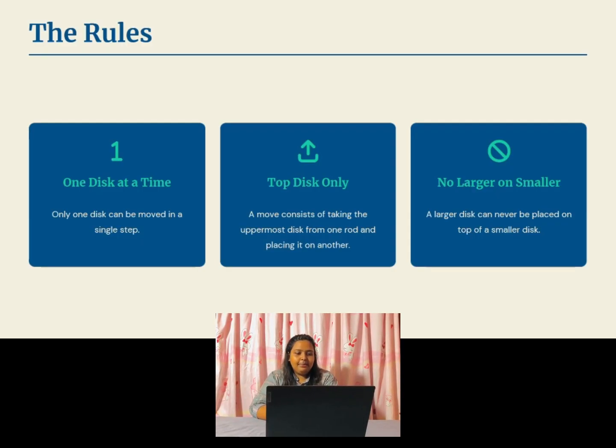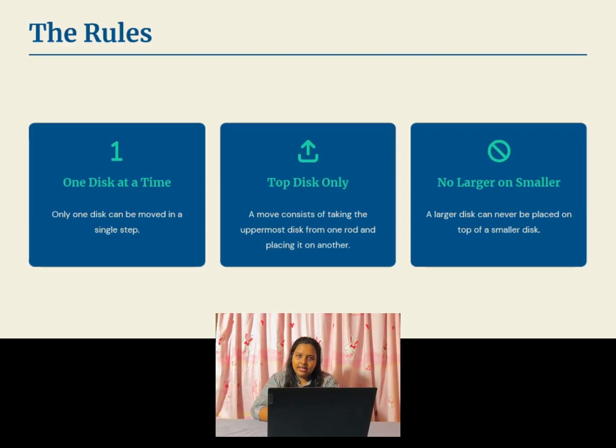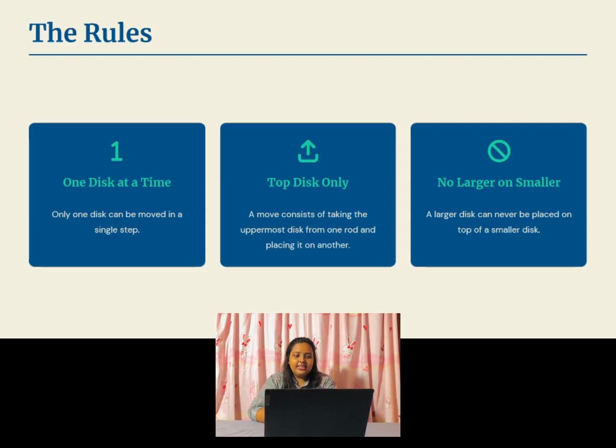Only one disc can be moved at a time. The second one is each move consists of taking the top disc from one rod and placing it on another rod. The third one is no larger disc can be placed on top of a smaller disc. That's it. These simple rules create a very interesting recursive problem.